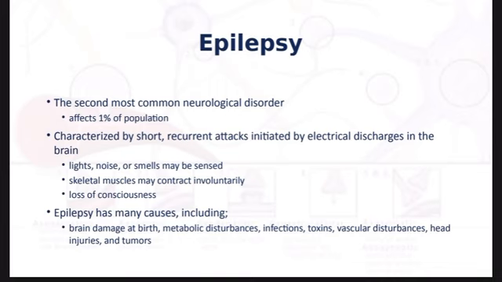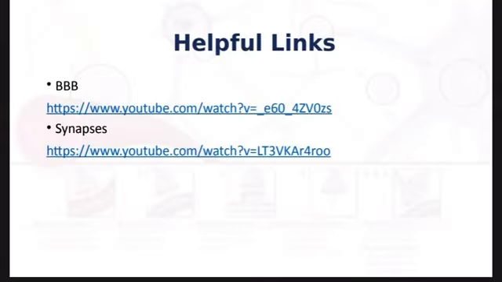Skeletal muscle can be contracted involuntarily, and there can be loss of consciousness. All of this is in epilepsy. It usually has many causes including brain damage at birth, multiple metabolic disturbances, infection, toxins, head injury and tumor in the brain.